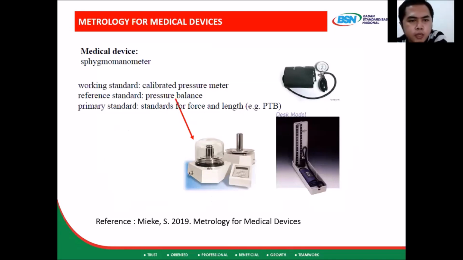The pressure balance itself could be traceable to the force and length, for the mass, for the gravity, for the effective area, for the length. This is the traceability for the manual sphygmomanometer, not the automated ones.